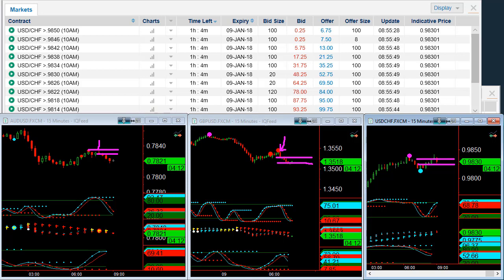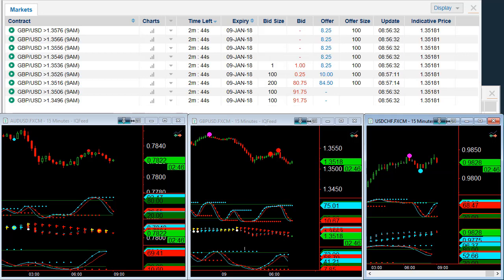You have to make sure that it's moving for you to get that particular one. And I just wanted to show you visually the difference. On the British pound dollar, you can see that the strike widths are 10 pips. So it would have to move 10 pips minimum if you're going out of the money.